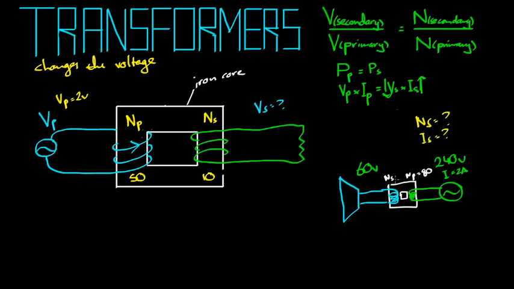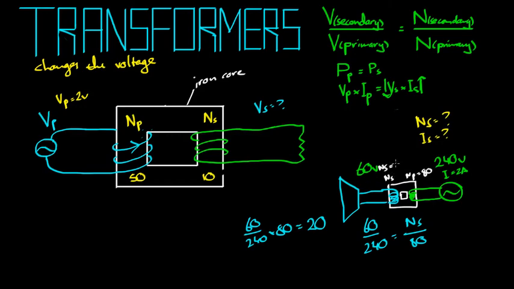Well, first of all, Vs on Vp is equal to Ns on Np. So 60 Vs on Vp 240 is equal to Ns, we don't know, over Np 80. Get Ns by itself, 60 on 240 times 80 is equal to 1/4 times 80. There must be 20 loops here, and this is a step down transformer.